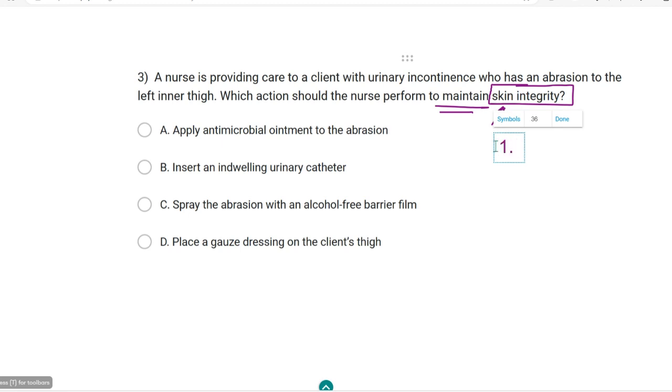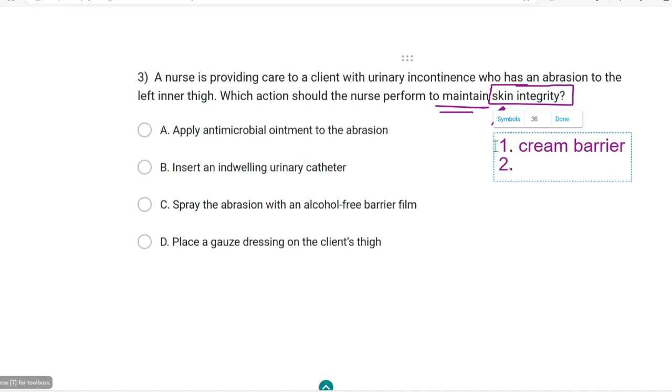So something I think about is putting on some cream. You might remember putting a barrier cream on your patients, especially patients who have urinary incontinence or any type of incontinence. If they are urinating or having bowel movements on themselves, a barrier is what you would use to help protect the skin.